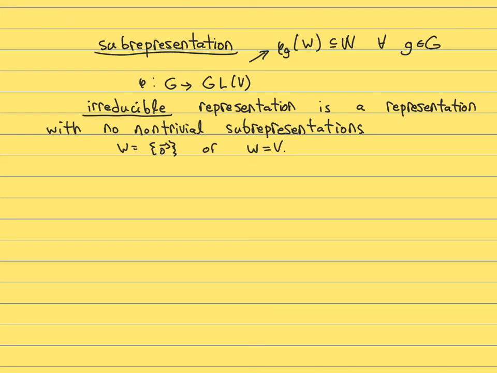Now, an absolutely shocking fact is it turns out this problem isn't as hard as you'd think it would be. So a question or a problem would be: classify all irreducible representations.